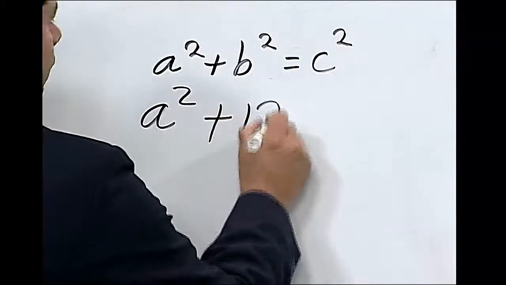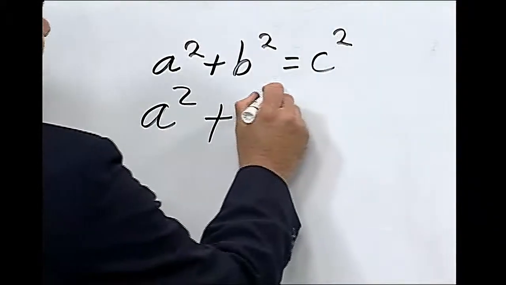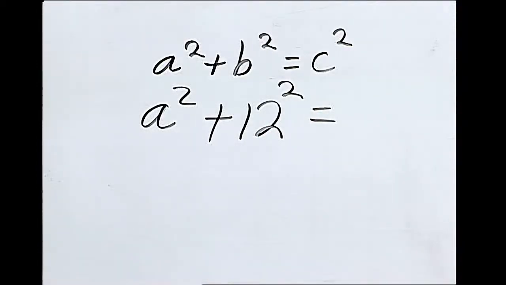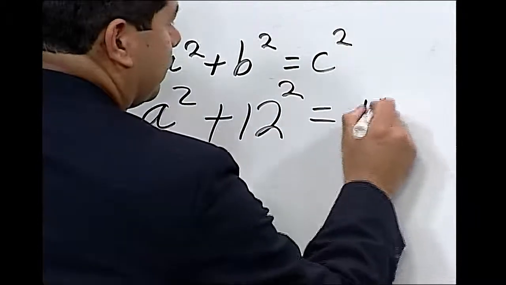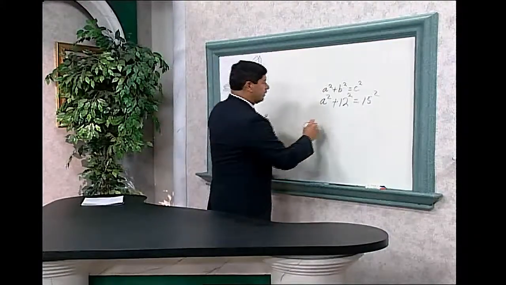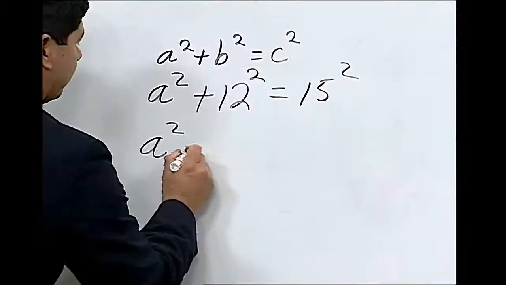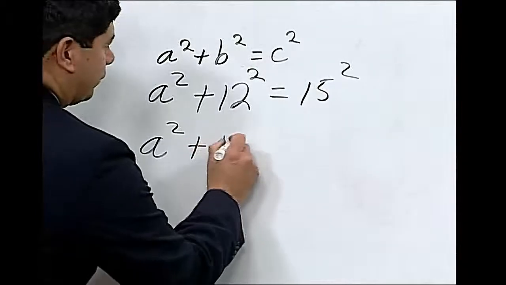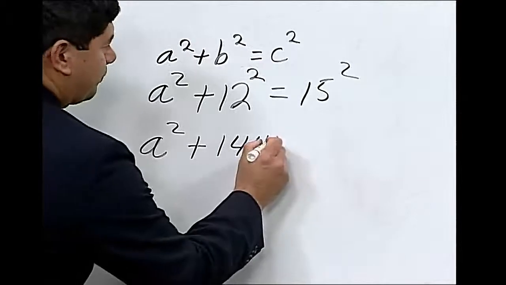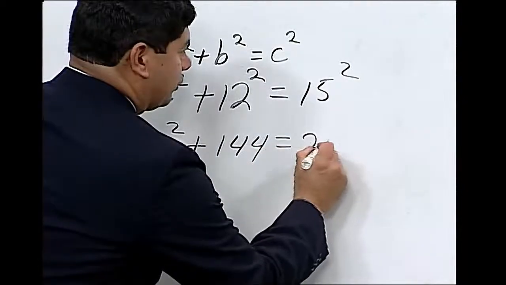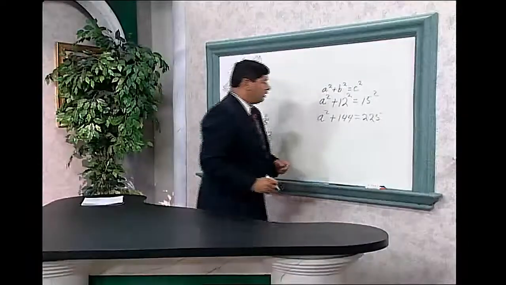We have 12, which is B, to the second power, and that's equal to C squared, C being 15 to the second power. All we need to do is some multiplication. We have A squared plus 12 to the second power, which is 144, and that would be equal to 15 squared, which would be 225.